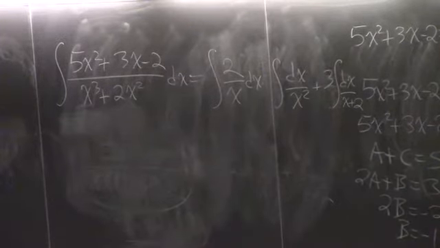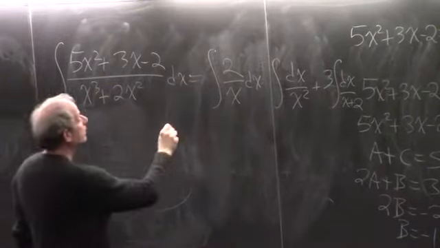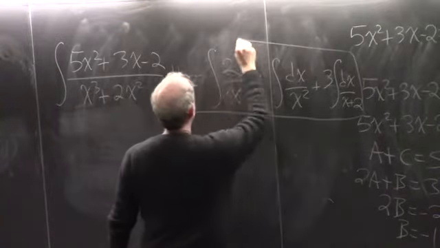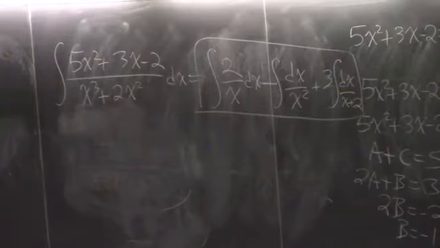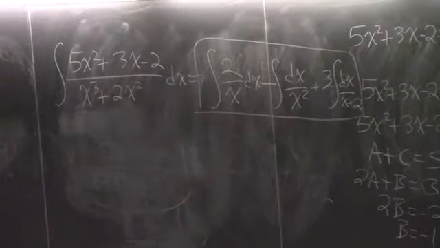Those are all very straightforward integrals. The middle one is minus, because it's minus 1. I know I'm skipping some steps. You guys have to fill in the intermediate steps.